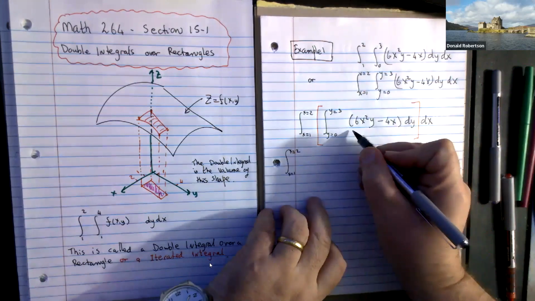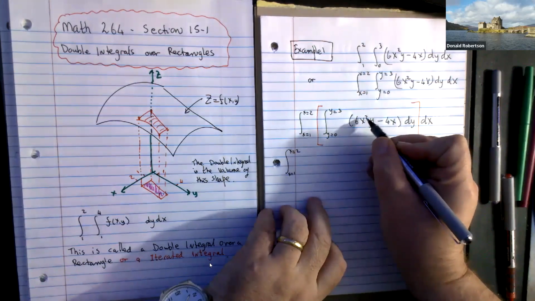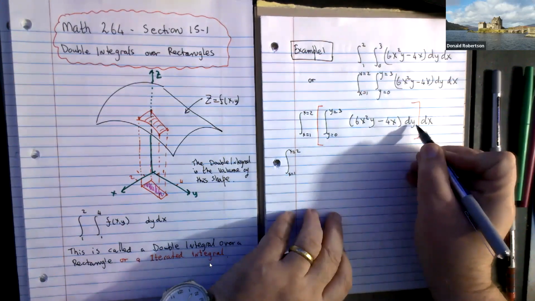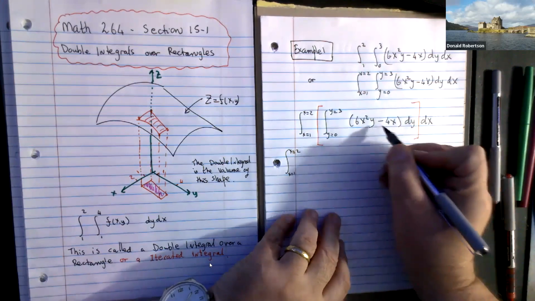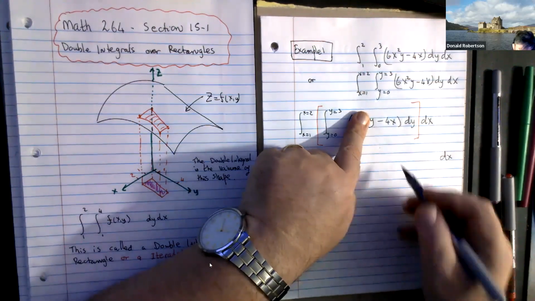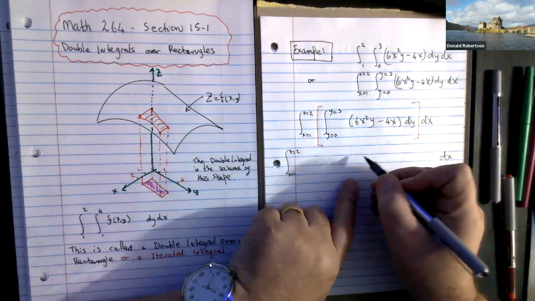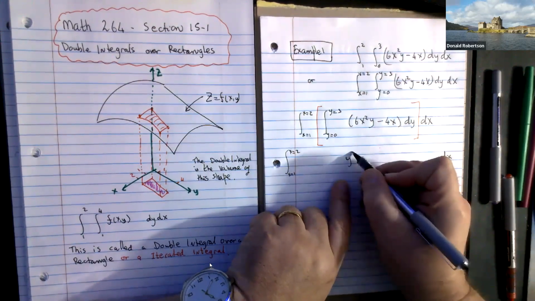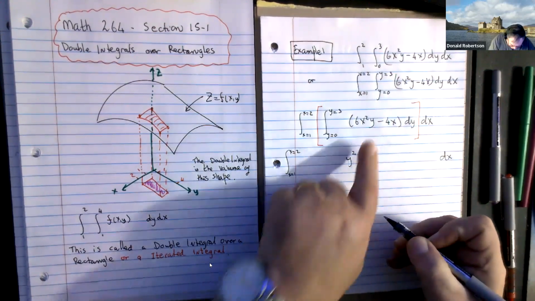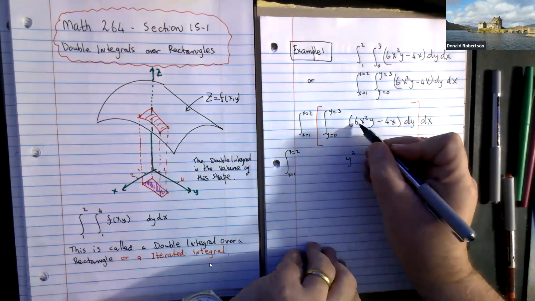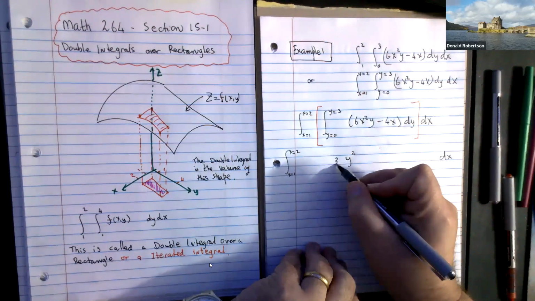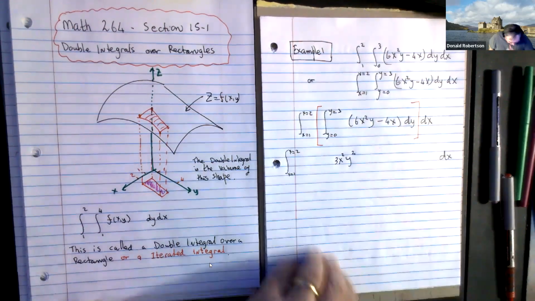If you take 6x squared y and integrate it with respect to y, that's basically a number times y. So you do a power rule: add 1 to the power and then divide by the power. Dividing by 2, you now get 3x squared y squared.